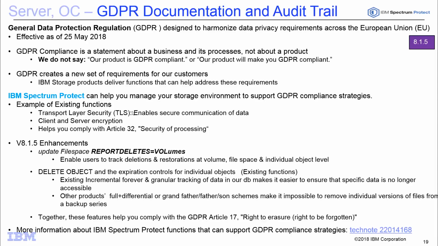So Spectrum Protect is well situated to address the GDPR Article 17, which is your right to erasure or right to be forgotten. We do have a compliance strategy tech note out there, so do take a look at that if you want some more examples of how Spectrum Protect can help you address GDPR compliance strategies.